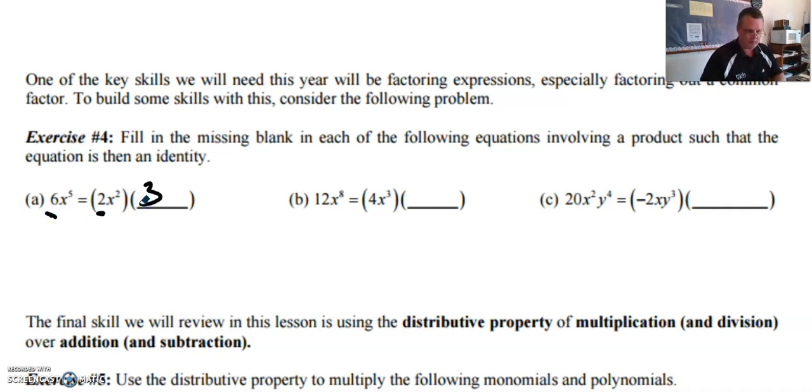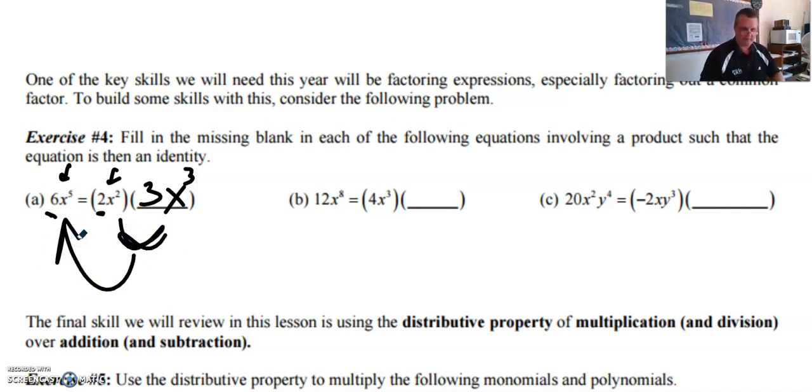We would multiply by a 3. We have an x squared. We want to end up with an x to the 5th, and part of it is x squared, however way you want to look at it. So this is an x cubed. So it's 3x cubed. That way, if I multiply these two together, I get the 6x to the 5th.